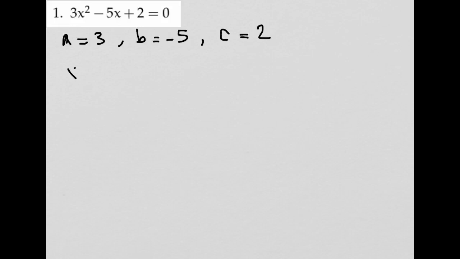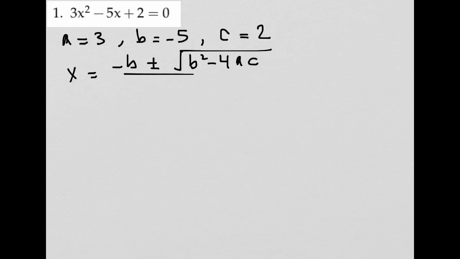The quadratic formula is given by x equals minus b plus or minus the square root of b squared minus 4ac, all divided by 2a. Let's plug everything in.